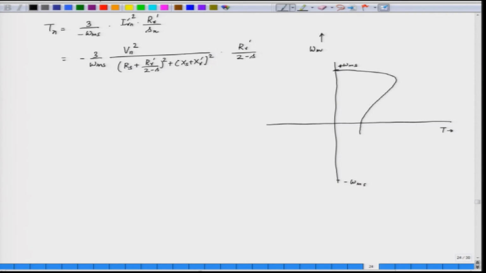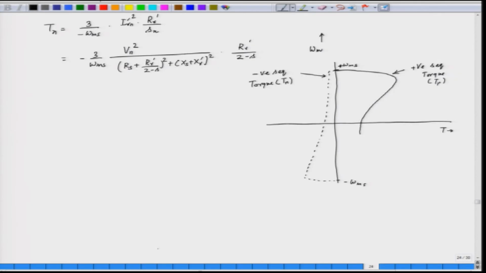So, the negative sequence voltage will have its own torque. This is the positive sequence torque, which is T p, and the negative sequence torque is negative here, which we can call T n.